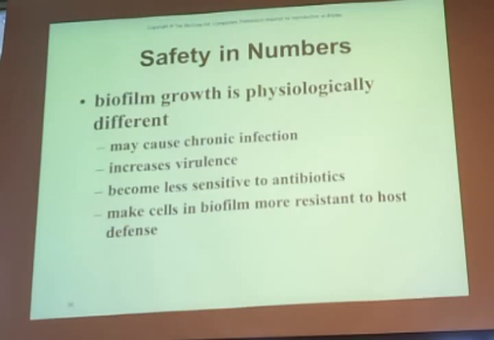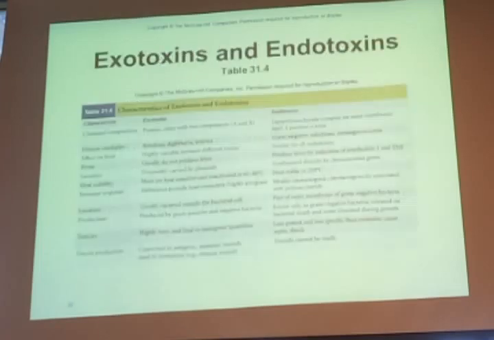But when you look at other things, biofilms would be another virulence factor. Because if you have an organism that forms a biofilm, it's not going to be affected as much by the host defenses.